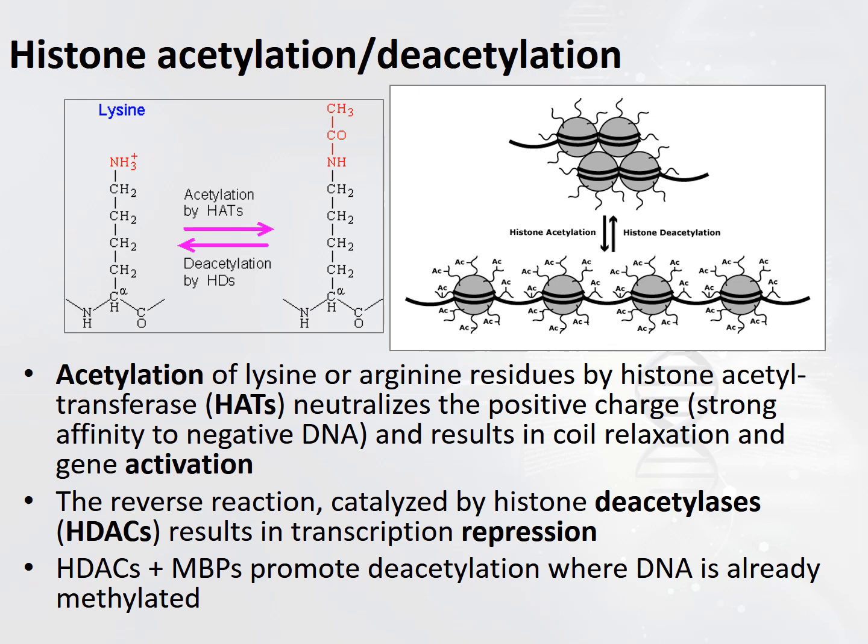Removal of these acetyl groups is done by histone deacetylases, HDACs, which we have shown before can combine with methyl binding proteins to amplify the repressive response of DNA methylation. So histone deacetylases remove those acetyl groups so that histones regain their positive charge, and they bind again very tightly to the DNA and end up closing the chromatin structure.